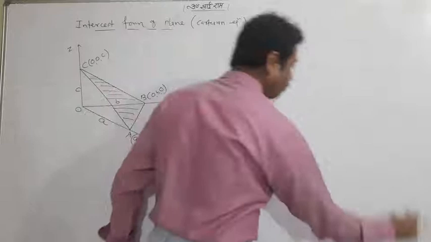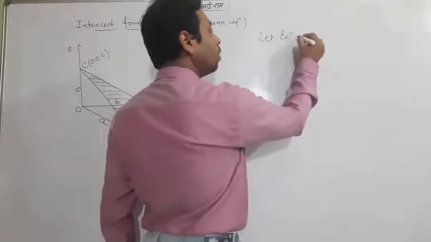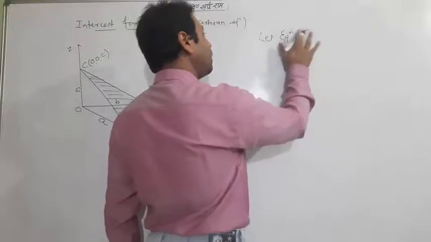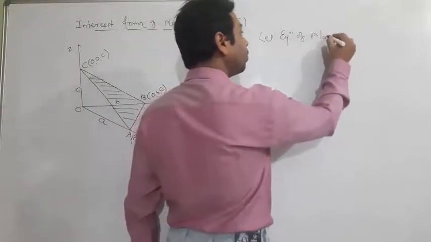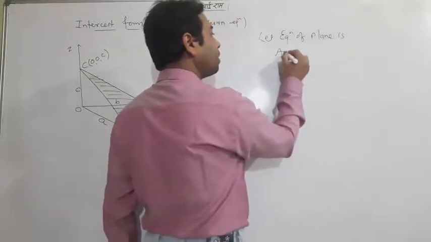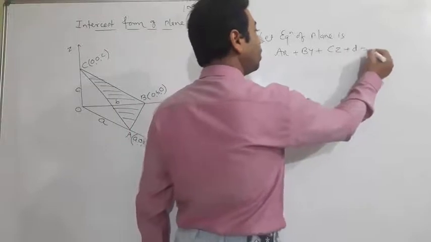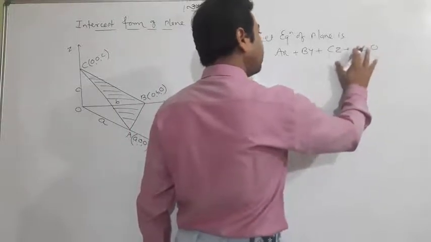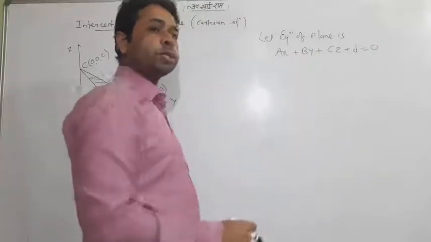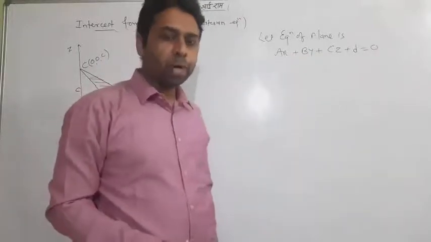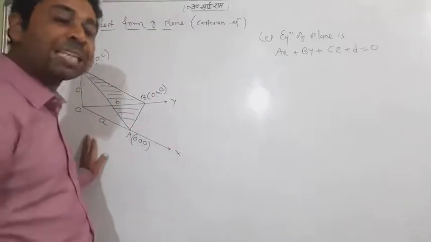Let the equation of plane be what I consider: AX + BY + CZ + D = 0. Now you may be thinking why I didn't take small a, small b, small c. Because small a, small b, small c have come in a different sense.